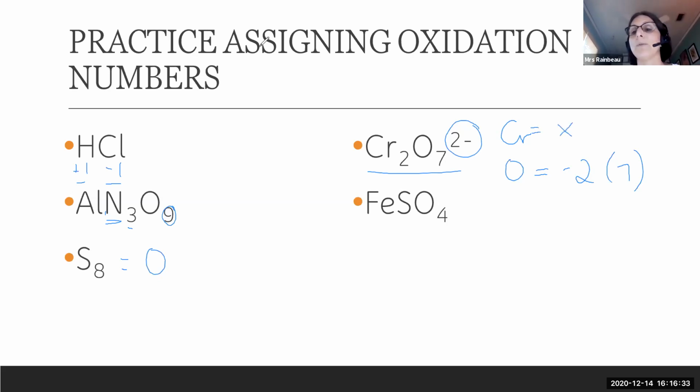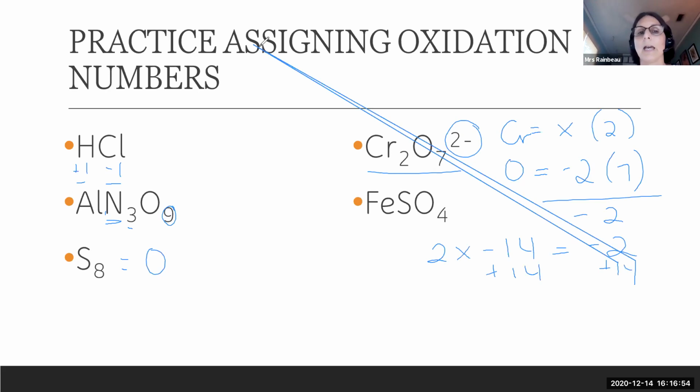And we know that it's times 2. So these charges have to equal negative 2. So once again, we are going to be solving for x. So it's 2x minus 14 equals negative 2 in this one. So then we add the 14 and we add the 14 and you get 2x equals 12, okay?